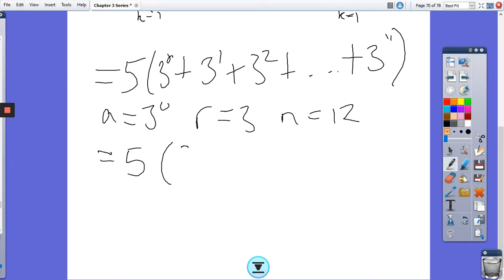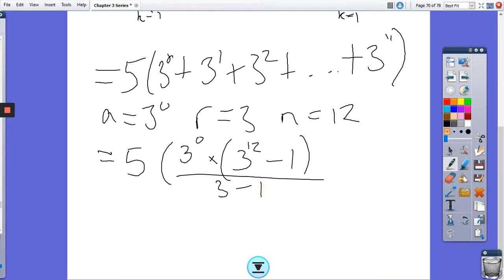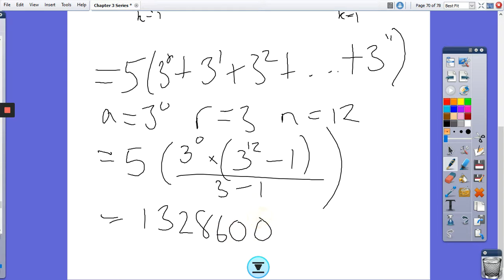So you have a, 3 to the 0, times r to the n, 3 to the 12, minus 1, over r minus 1, close the bracket, plunk that all into your calculator, and apparently you get 1,328,600. Okay, bit weird, but nothing too peculiar.